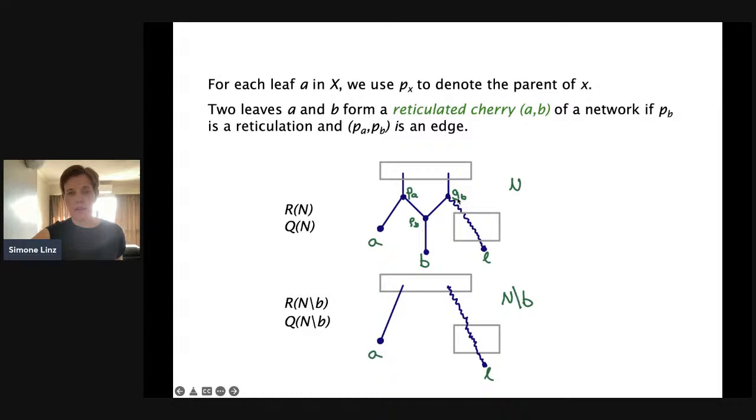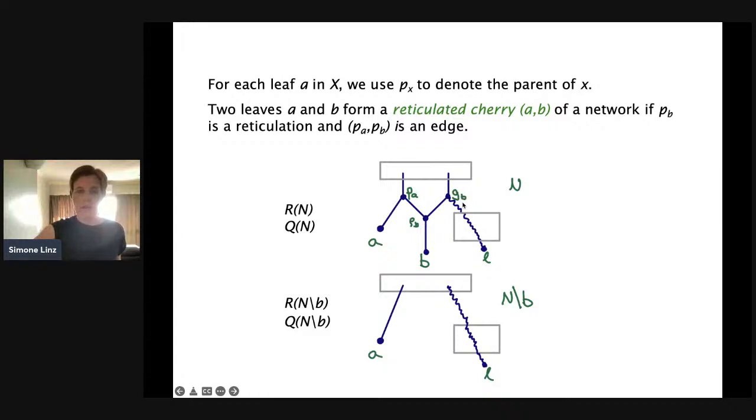So GB, you can think of this, if you like, as the grandparent of B. And we know the edge GB to PB is not a shortcut because the network is normal. So there is at least one leaf in this gray box here, which I've indicated in L, such that every path from the root to that leaf L will pass through GB.